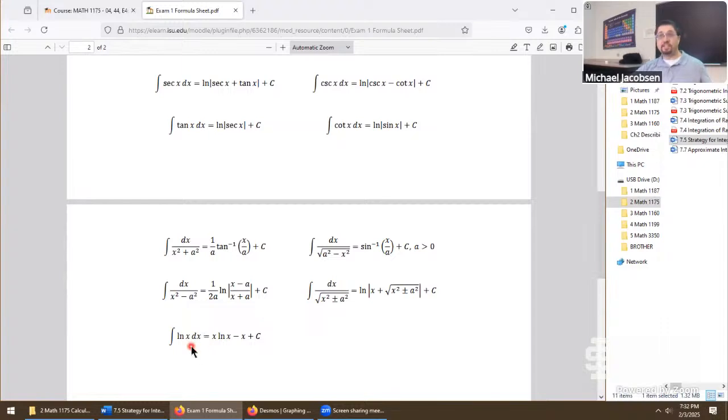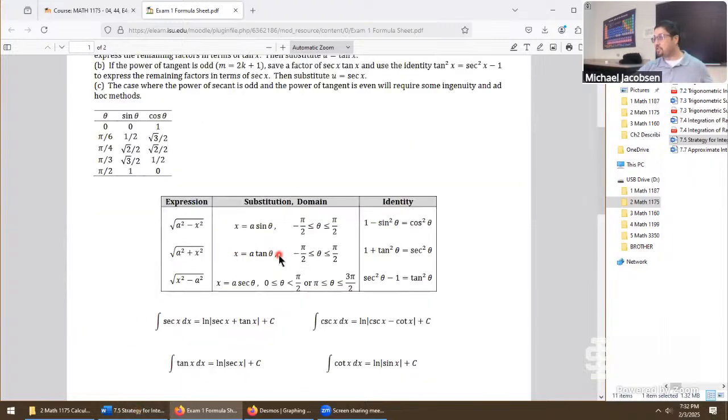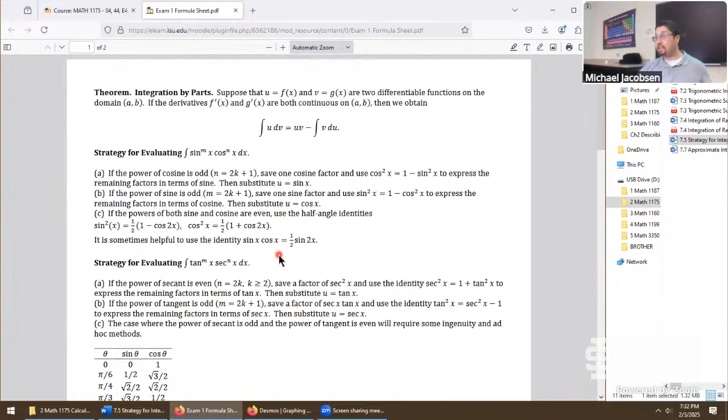And our author did this one in section 7.1, so you don't have to keep redoing the integral of natural log x by parts, because that's another one that comes up so often. So this will be a selection of ready-to-go integrals and formulas that we saw that you can take advantage of. Pretty much that's how it's going to be for every exam: just a write-up of a condensed version of the notes that we went through.